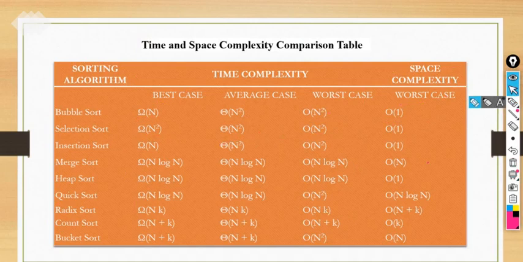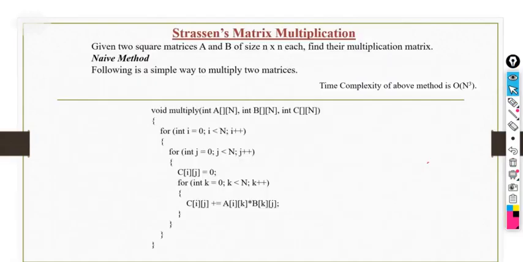So next we have Strassen's matrix multiplication algorithm. First of all, to understand this, we need to discuss the simple multiplication of two matrices A and B. Let's assume A and B are two n by n matrices.